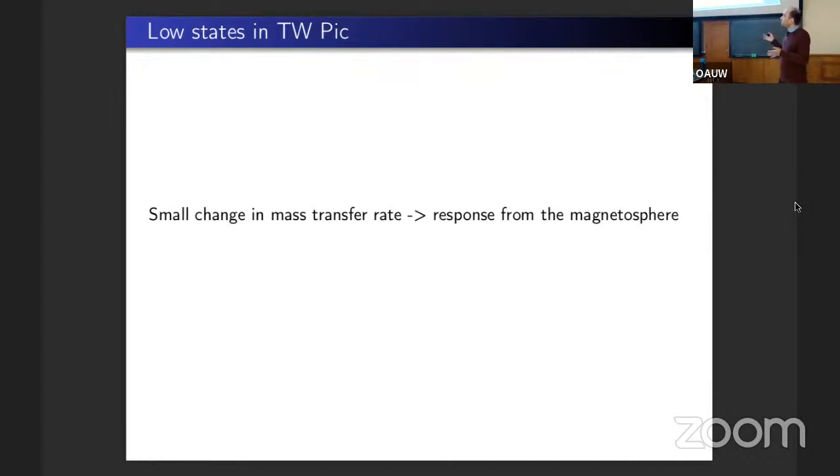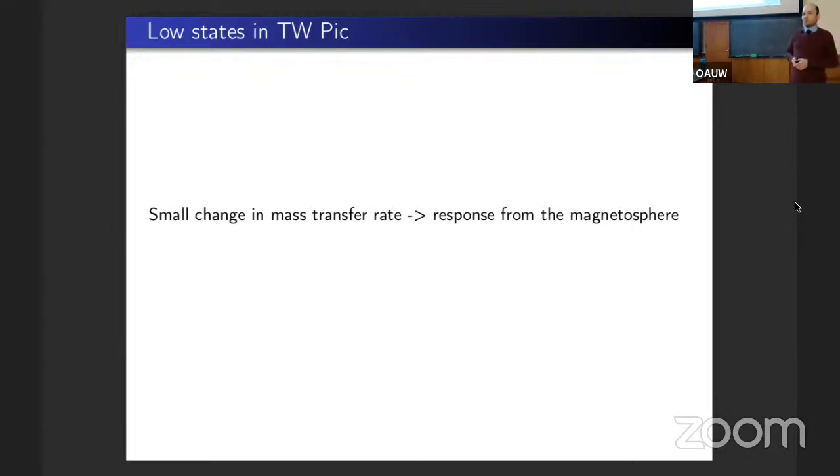So the small change in mass transfer rate that could happen very fast could give us a response from the magnetosphere, which could give us a very big difference in brightness. So this was the surprise from last year that no one expected. So I hope I convinced you there are many things to discover in accretion processes in cataclysmic variables.